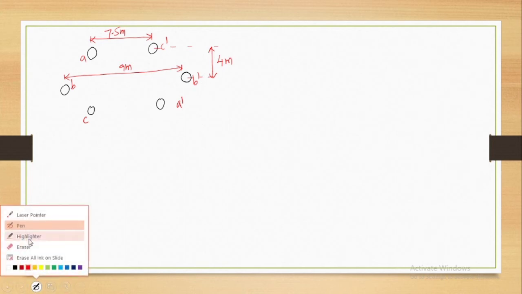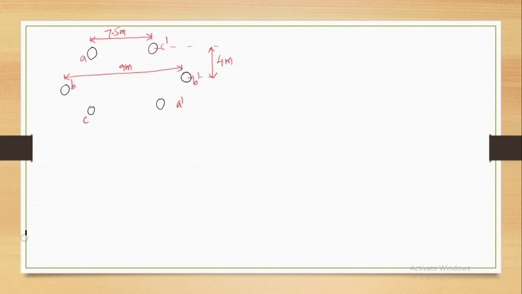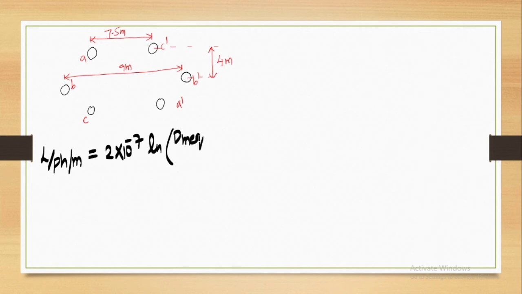You can find it using the generalized formula, L per phase per meter, which is given as 2 into 10 power minus 7 ln of dm equivalent divided by ds equivalent henry per meter per phase. Is it right? Now if I want to express this in kilometers, how can I get this?